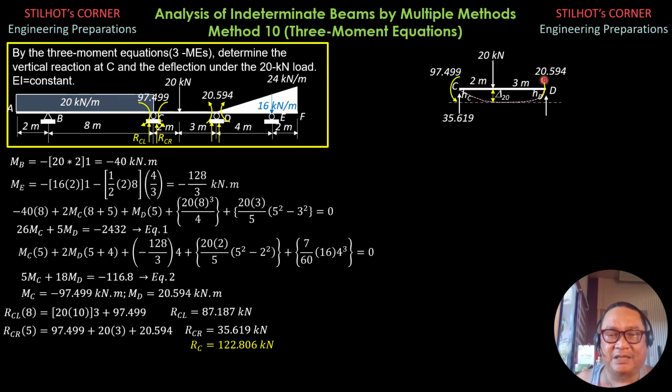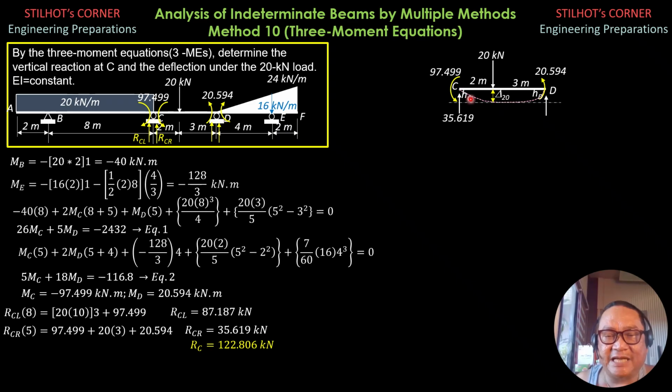Then let's magnify this portion CD because we want to compute this deflection. I assume that the elastic curve is below the horizontal line CD. In this case, if this is correct, then delta 20 is positive because it is above the reference horizontal line here. You draw an imaginary line.